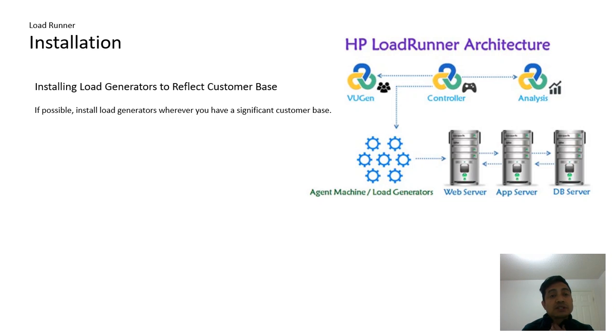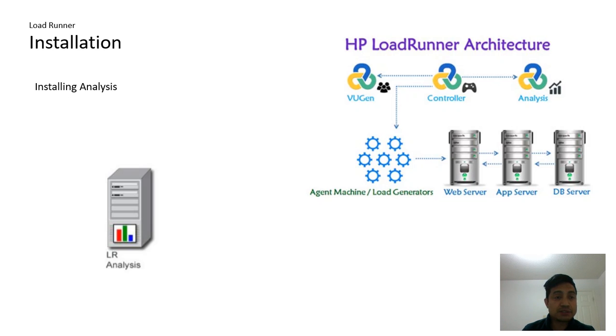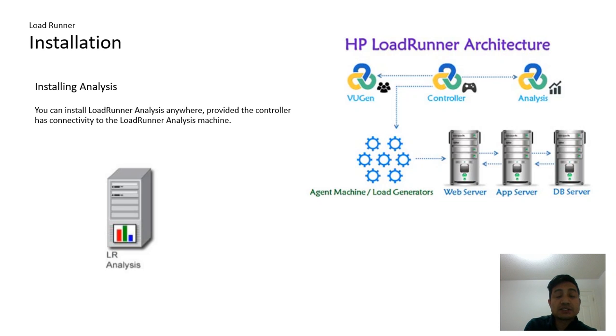So installing load generators to reflect customer base: if possible, install load generators wherever you have a significant base. So lastly, Analysis. You can install LoadRunner Analysis anywhere, provided that the controller has connectivity to the LoadRunner Analysis machine.